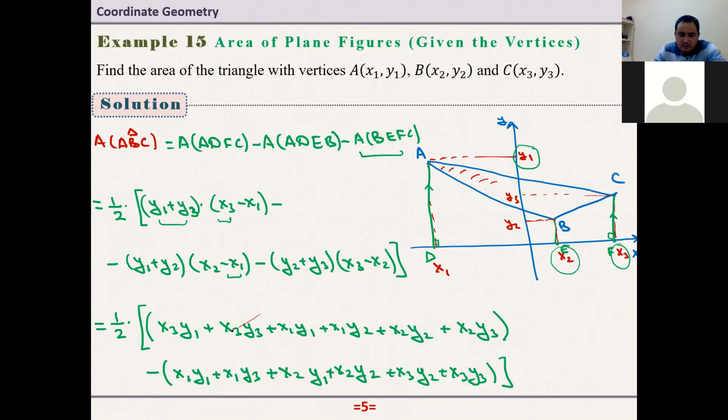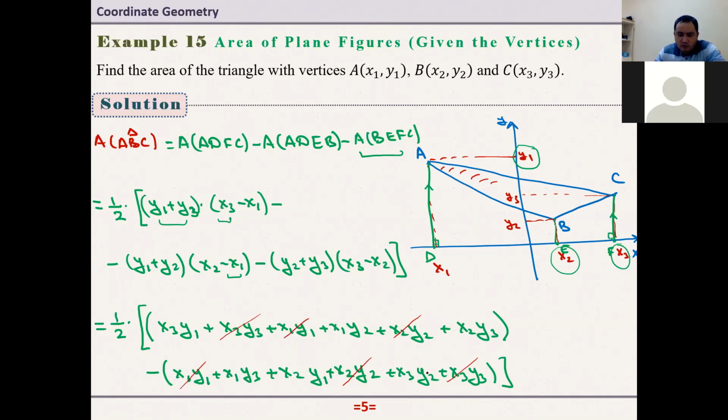So they cancel each other. And x sub 2, y sub 2, minus, here we have x sub 2, y sub 2. Also they cancel each other. And here we have x sub 1, y1, minus, here we have x1, y1. Also they cancel each other.